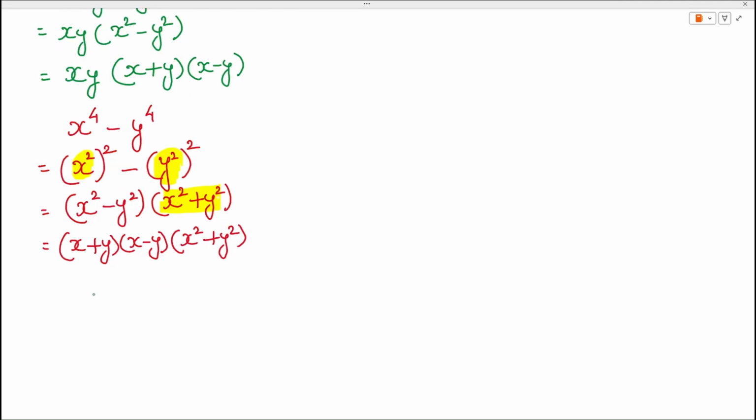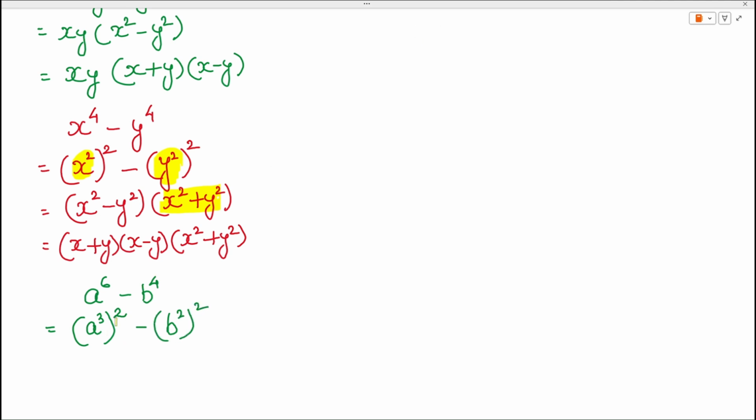Let us take another example, which is a raised to the power 6 minus b raised to the power 4. Here a to the power 6 can be written as a perfect square. We can write it as a cube and the whole square of it, since 3 times 2 gives us 6, and we subtract b square whole square.